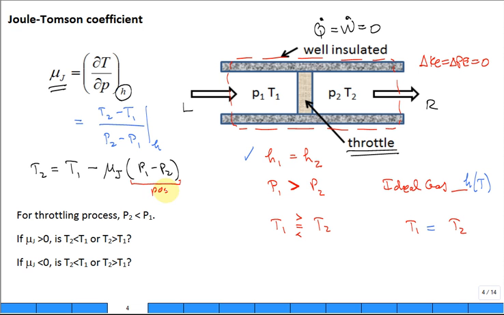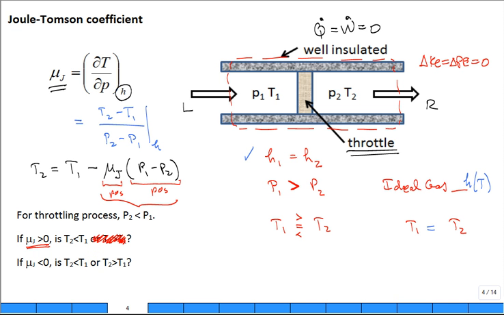And so if the Joule-Thomson coefficient is positive, then this is positive, but you subtract it from T1. So T2 is going to be lower than T1. So if the Joule-Thomson coefficient is positive, then T2 is less than T1, true?